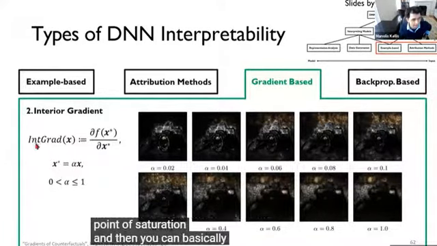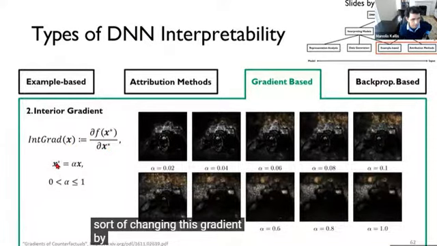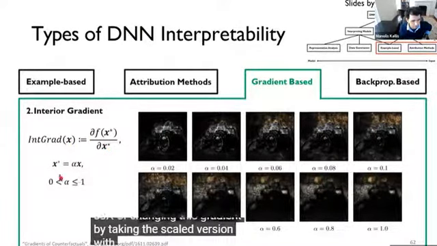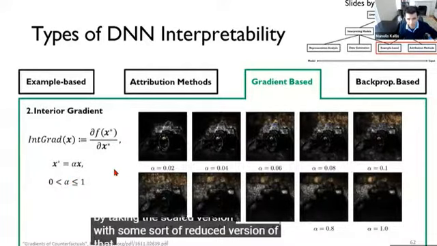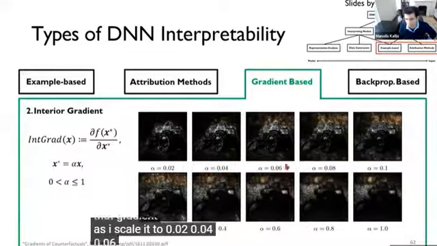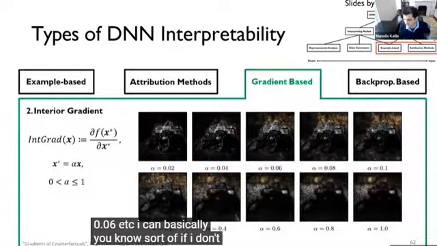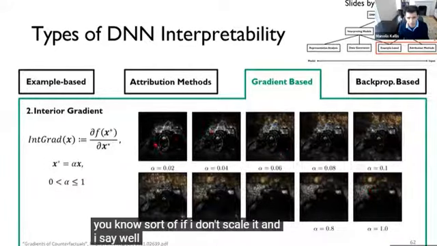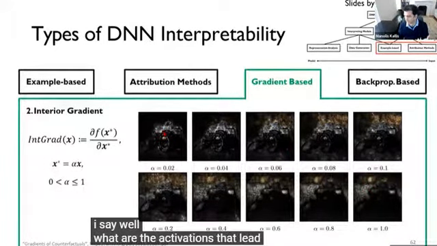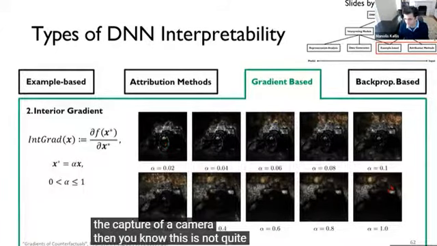And then you can see that by changing this gradient, by taking the scaled version with some reduced version of that gradient, as I scale it to 0.02, 0.04, 0.06, etc., if I don't scale it and I ask what are the activations that lead to the classification of a camera, then this is not quite interpretable.